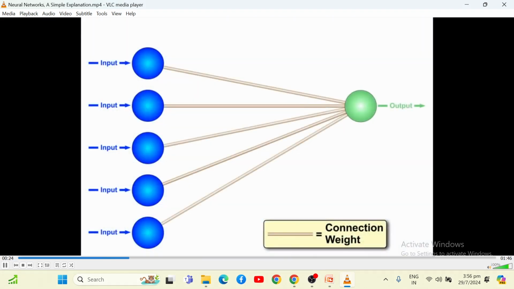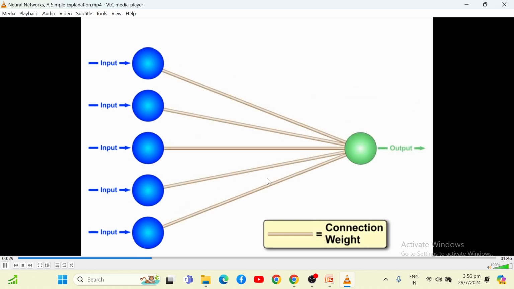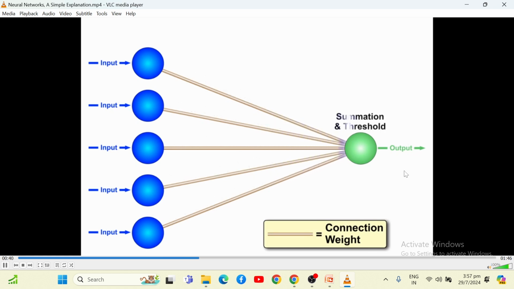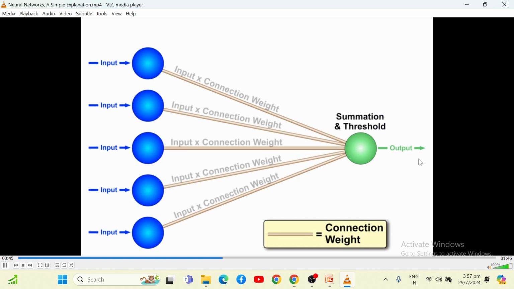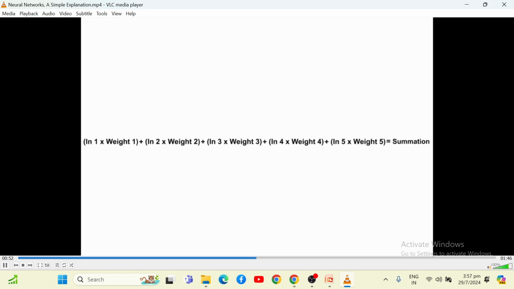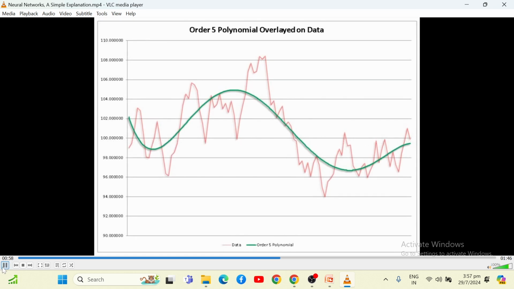If you want to design the architecture, inputs are connected with the output, and for each input you have a connection weight and it is multiplied, and in the soma you need to do two tasks, one is the summation task, another one is the threshold task. So it is the summation of the product of input and weight. This is what the idea is all about.